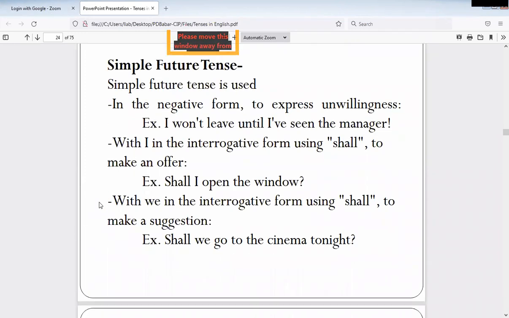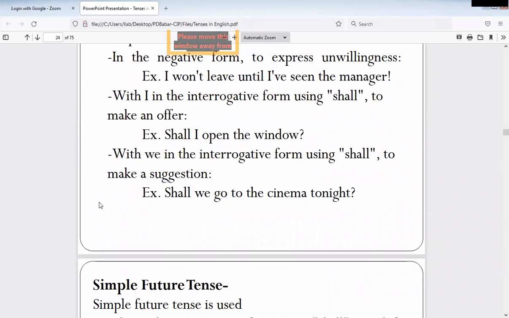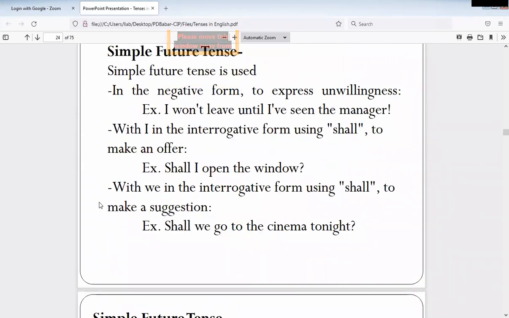Then another condition is with we in the interrogative form, using shall to make a suggestion. So in the interrogative form also, for making a suggestion we use shall.